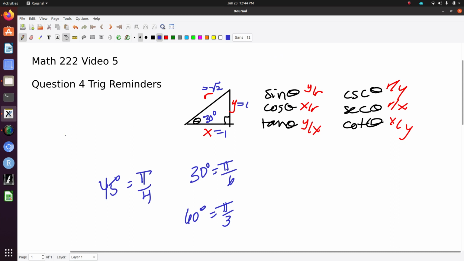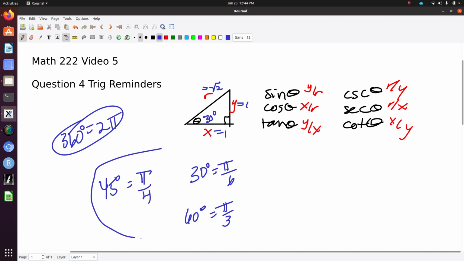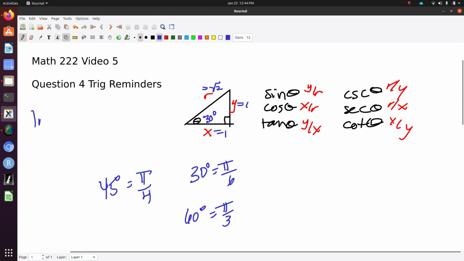Of course, if you remember that 360 is equal to 2 pi, you can figure all this out. But these things we use so frequently in calculus, you may as well just memorize those as 3 separate little facts. Like you remember natural log of 1 is 0, natural log of e is 1. Those are things that should always be on the tip of your tongue.